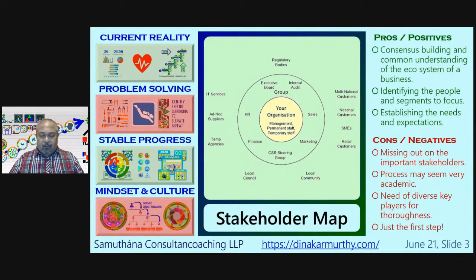Because the idea of any flourishing company, ever flourishing company, as described in TOC, or a world class company, as I keep talking about, or a company with sustainable, profitable growth as per any business excellence model, the key is to ensure consistent, improving value creation for all the stakeholders. That's the magic of any company of that kind. And to be able to do that, it's important to understand who the stakeholders are. Therefore, the first step of current reality is to understand the stakeholders by mapping them.